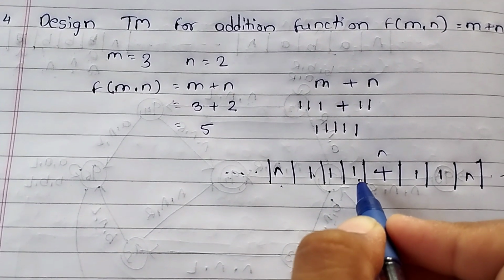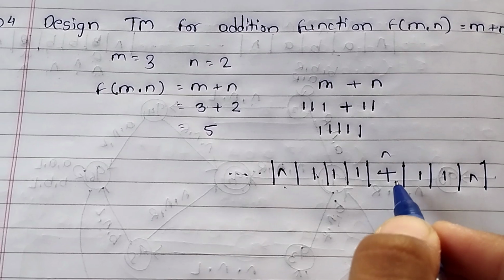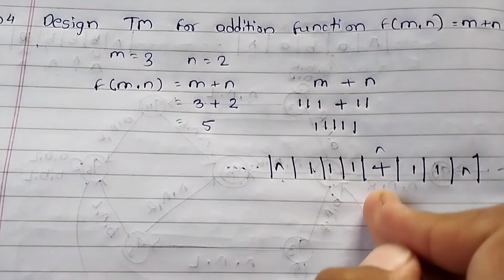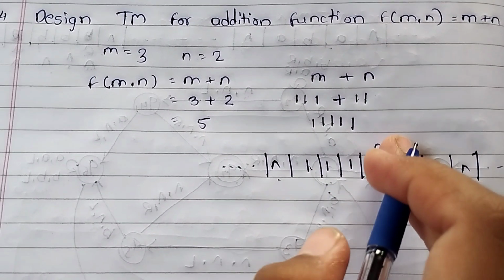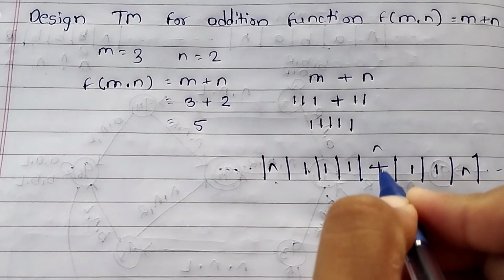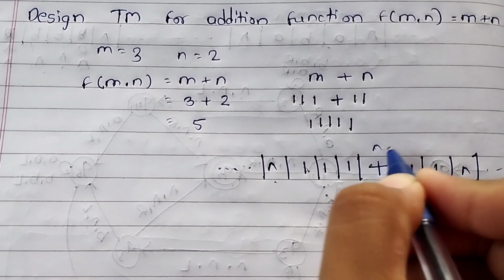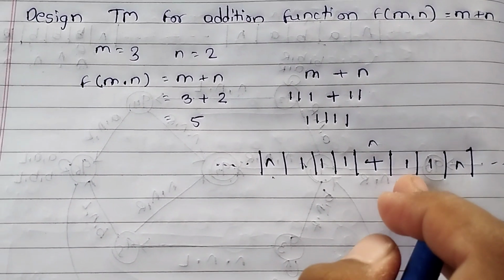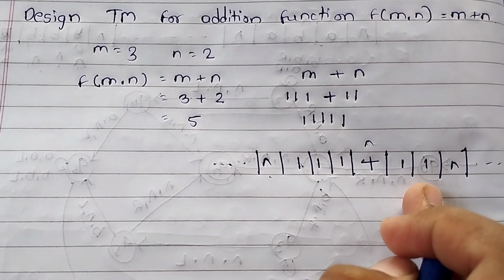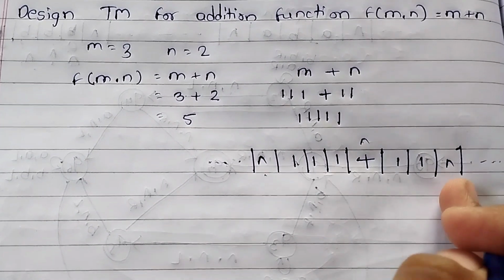Then you read 1, keep it as it is, move ahead. Here you see the plus symbol. Now convert this plus symbol into the null and move to the right side. Then again 1, keep it as it is, move to the right. 1, keep it as it is, move to the right.